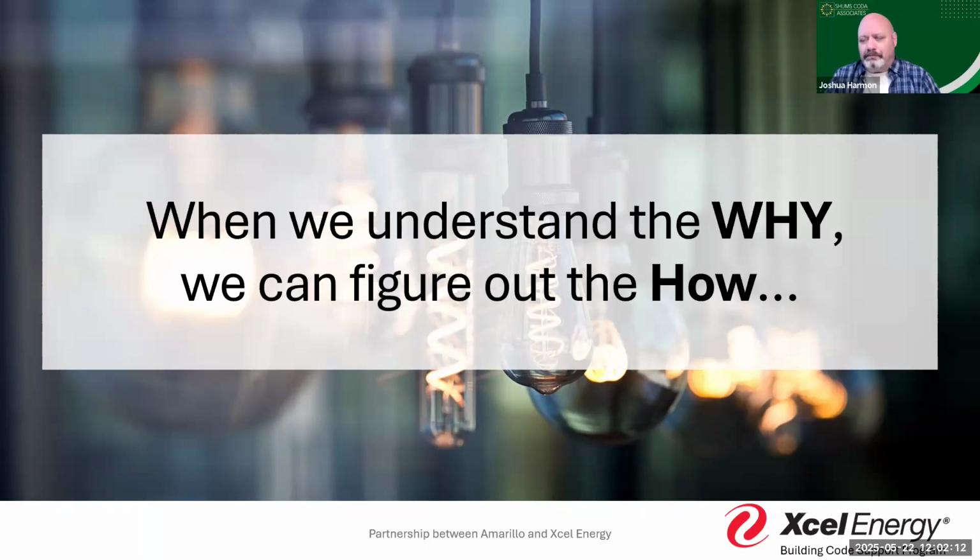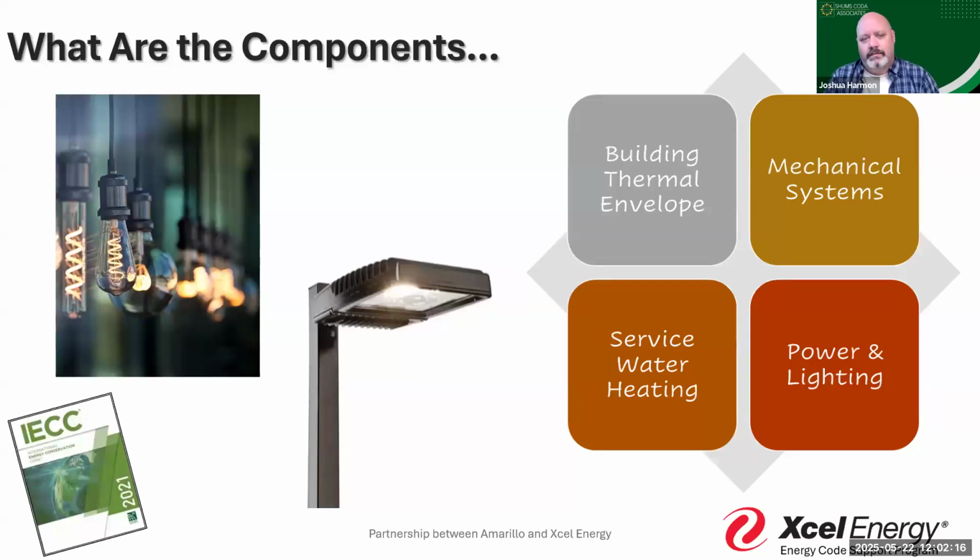And when we think about that, we understand that the building itself, and especially in the context of the energy code, whether that's the 15, 18, the 21, or the 24 for that matter, the code is really focused on what I always highlight for us as these four concepts: the building thermal envelope, the mechanical system, the service water heating systems, and power and lighting.